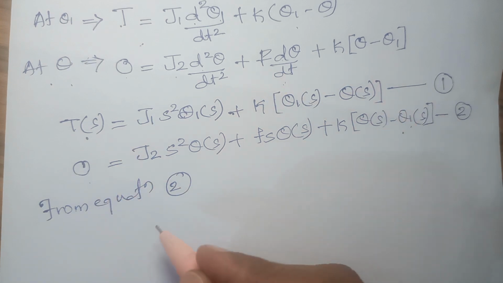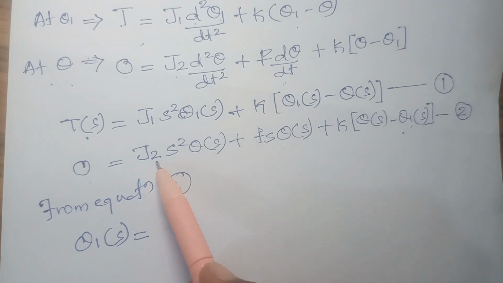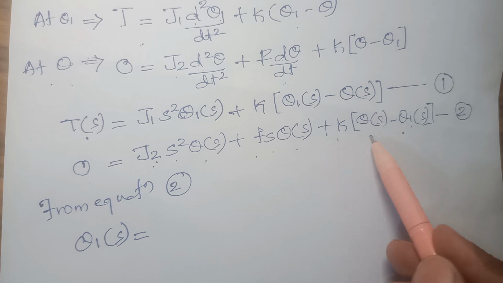So what you will get here is theta 1 of s is equal to, okay, so here this remains same, j2 s square theta of s will remain here only, f s theta of s will be same, this term will be k into theta of s.